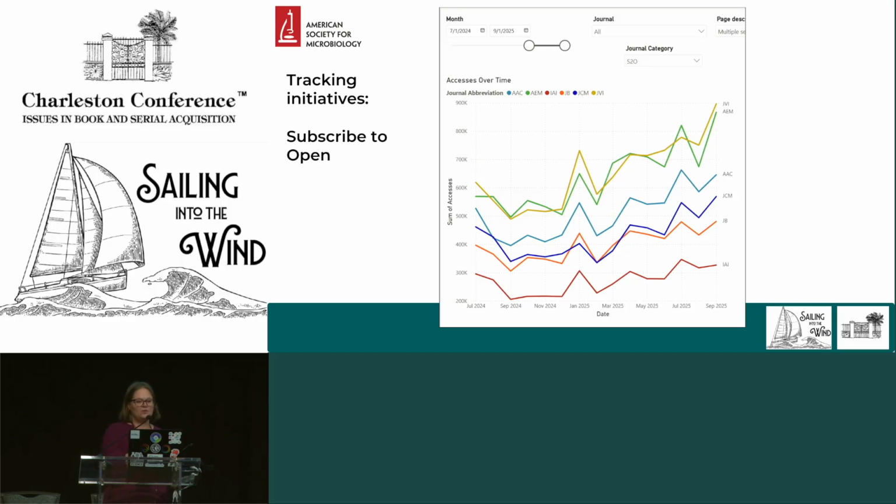And one thing I wanted to point out with this slide is each journal is color-coded, and each journal has one color, and if you go to different dashboards, that journal is going to have the same color. So it just gives the user a little bit easier way to track the journal they're looking at.